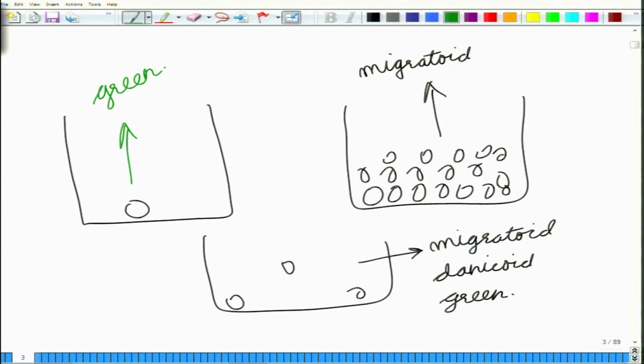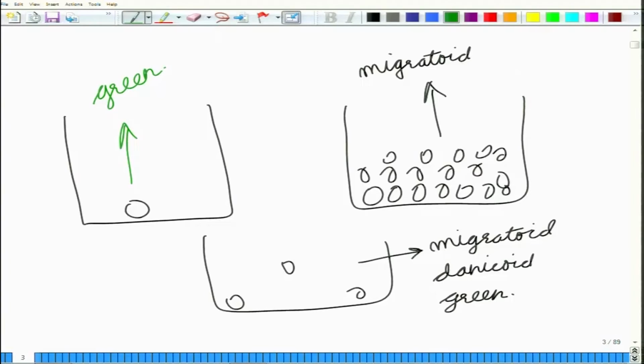Now, what are we getting to here? If you keep these organisms at a very low density, so there is just one organism that is having plenty of space to itself, it becomes a green colored variety. If it is kept in a very high density, it invariably becomes a migratoid variety, and if it is kept in an in between condition, then you get all these 3 different varieties.